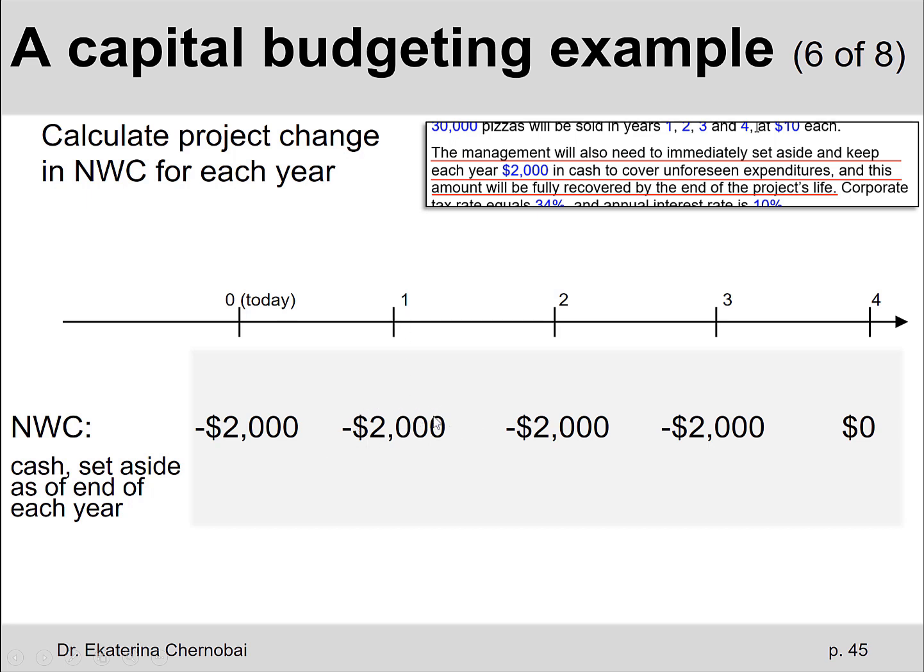So it does not mean that we have added another 2,000. It means that the total reserve is still 2,000 as it was in year 0. And it's still $2,000 at the end of year 2 and at the end of year 3.